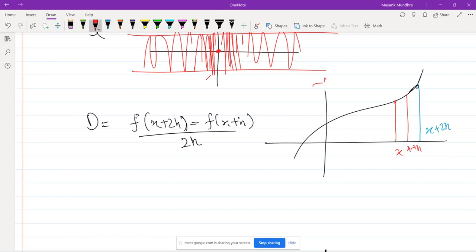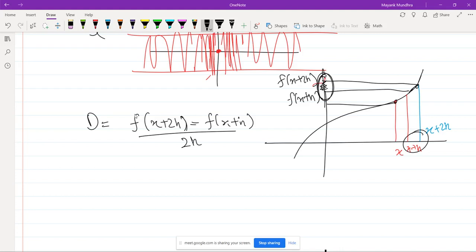Okay, so this is f of x, this is f of x plus h, and then this is your f of x plus 2h. So the derivative at a point should be, if you are taking this as your numerator, then you should be taking this as the denominator.